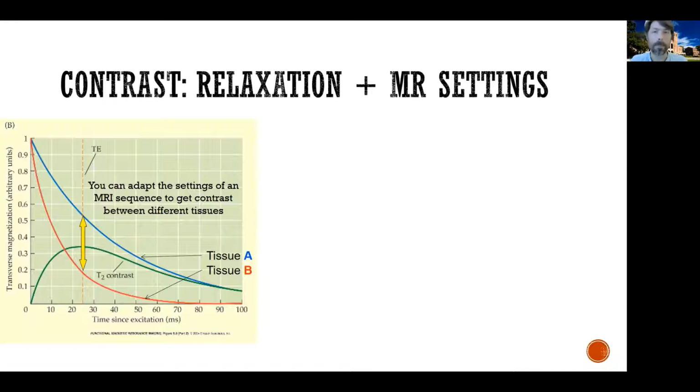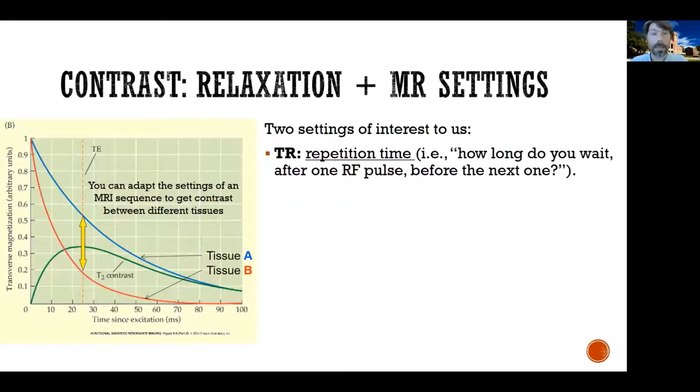And I'll give you some examples in just a moment. So when we say, well, let's adapt the image we're taking, we're really referring to two key parameters of MR images, two settings. And one is known as TR, or the repetition time.